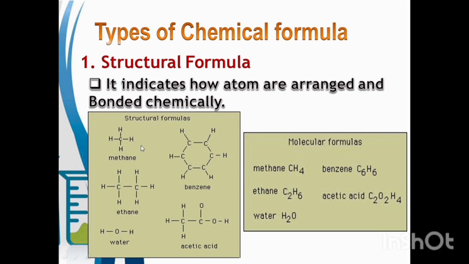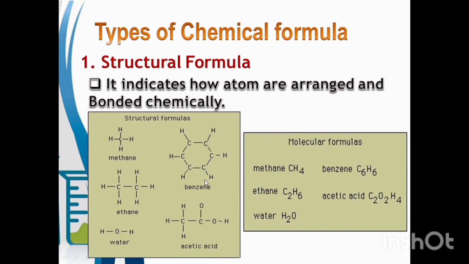As you can see in the structural formula, methane gas is composed of 1 carbon and 4 hydrogen, while ethane is composed of 2 carbons and 6 hydrogen. In water, or H2O, we have 1 oxygen and 2 hydrogen.